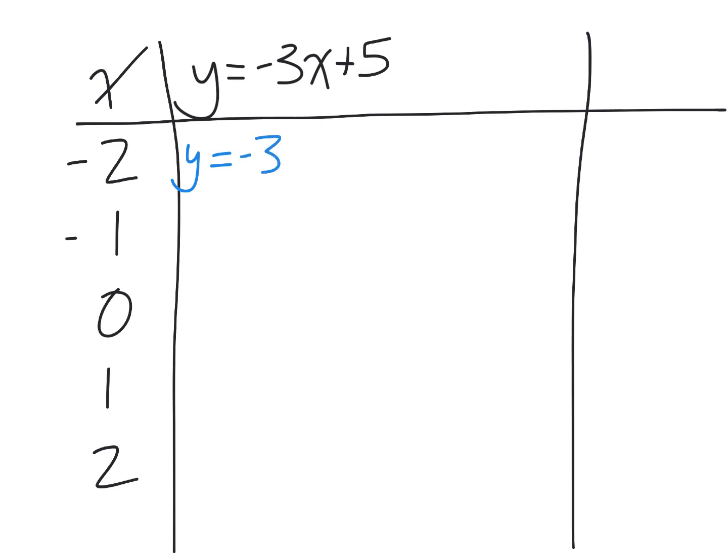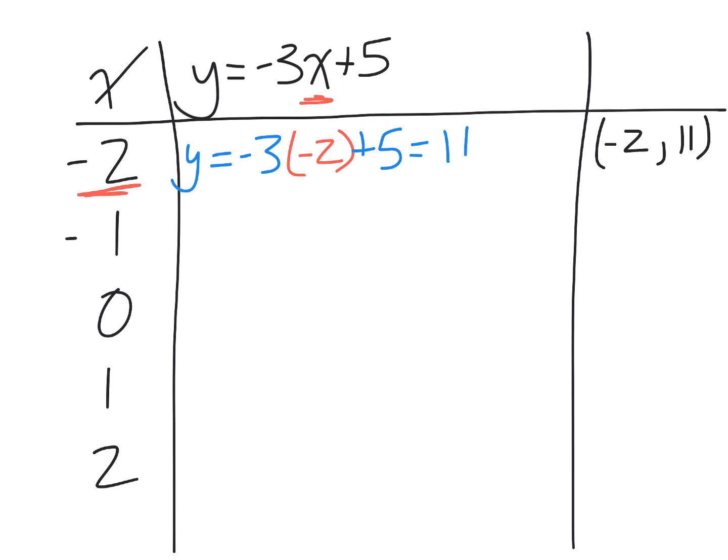I'm going to substitute in the x value of -2, so I go -3 times -2, and then I continue with my equation, +5 equals. I then think what's -3 times -2, that gets me to +6. +6 plus 5 gets me to 11, and that means my first point is at -2, 11.